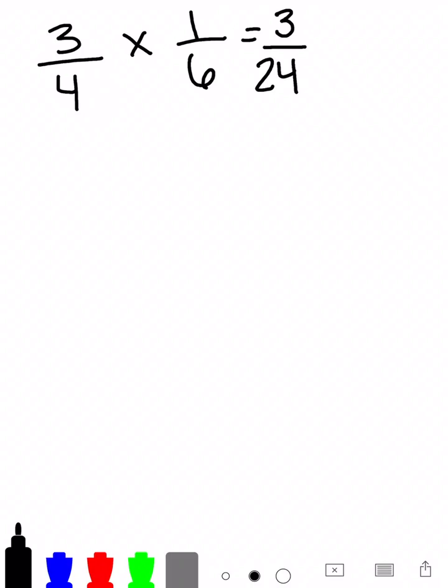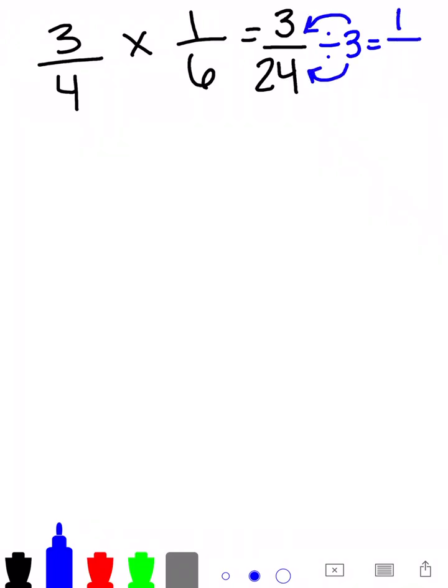So we have 3 over 24. Now that can be reduced, so we can simplify it, and we definitely want to do that because we always want to simplify our answers. So I'm going to divide by 3 because 3 fits into 3 one time, and 3 fits into 24 8 times. So our answer is 1 over 8, okay?